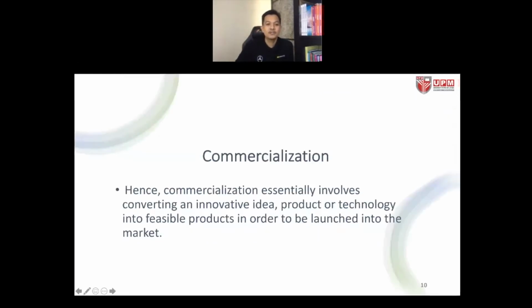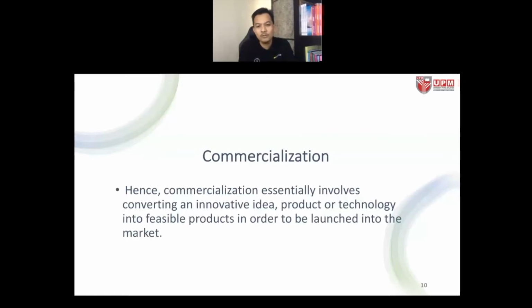Hence, commercialization essentially involves converting an innovative idea, product or technology into feasible products in order to be launched into the market. Some entrepreneurs and businessmen, as I said earlier, avoid this commercialization stage.